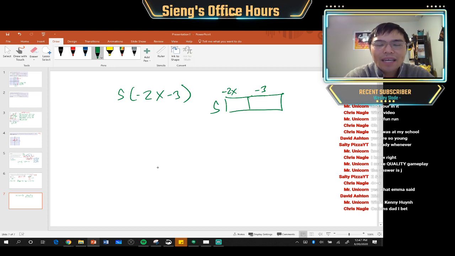We have 5 times negative 2x, that's negative 10x, and then 5 times negative 3, that's negative 15. So if I simplify that, my answer for that cooldown is negative 10x minus 15.